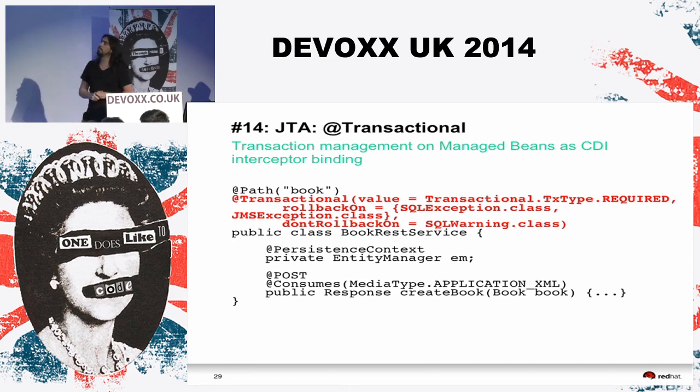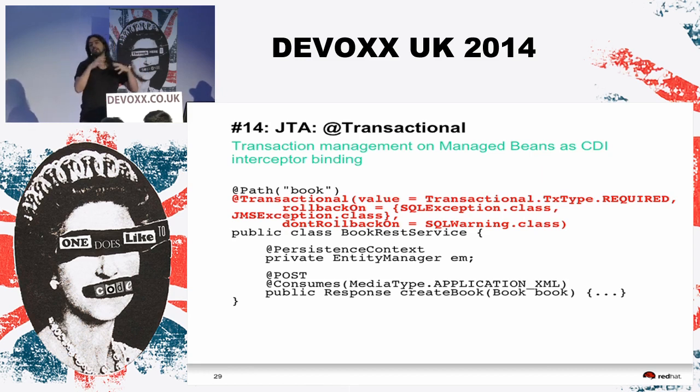Again, we kept all the good things from the EJB, so we have the six modes, required, new, supports, and so on. But the exception handling is much nicer. You go rollback if you have an SQL exception, and don't rollback if you have an SQL warning. So in this aspect, it's much nicer. And you know what @Transactional is? It's a CDI interceptor binding.